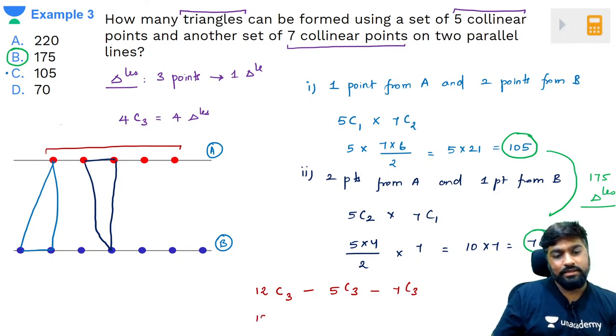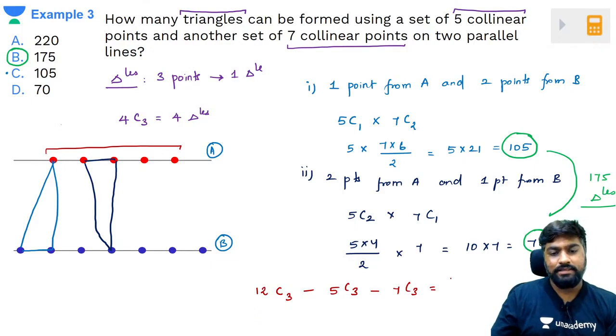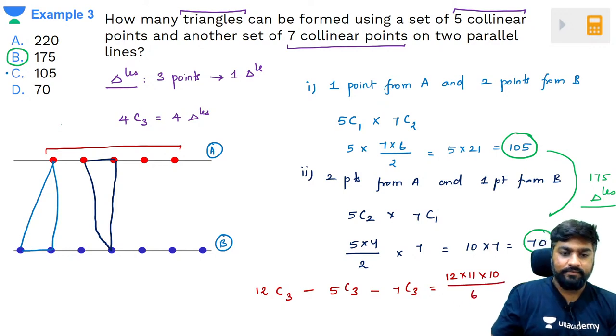Agreed? So what is 12C3? Let's do the calculation here. 12C3 is 12 into 11 into 10 by 3 factorial, which is 6, minus 5C3, which is 5C2, which is 5 into 4 by 2, minus 7C3, which is 7 into 6 into 5 by 3 factorial, which is 6.